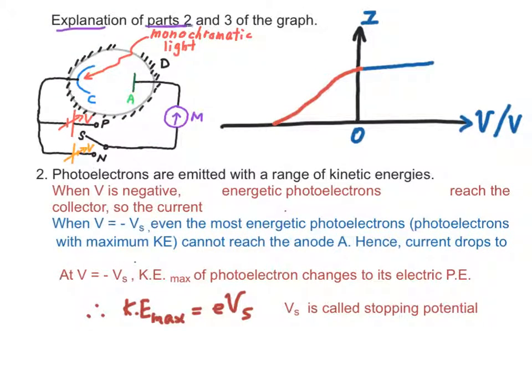Explanation of part 2 and part 3 of the graph. Photoelectrons are emitted with a range of kinetic energy.